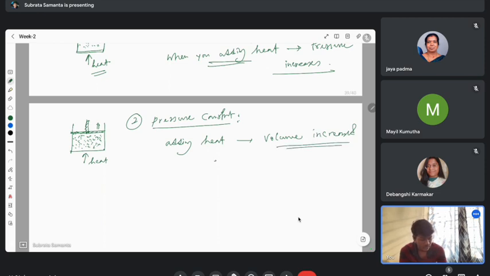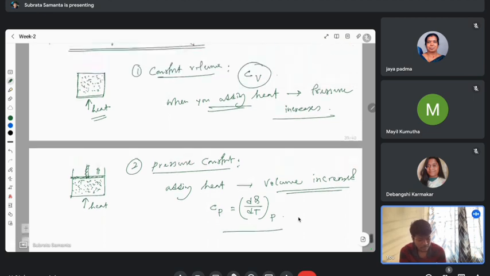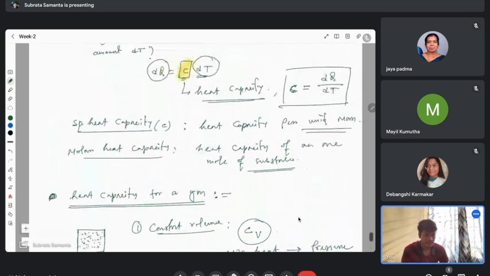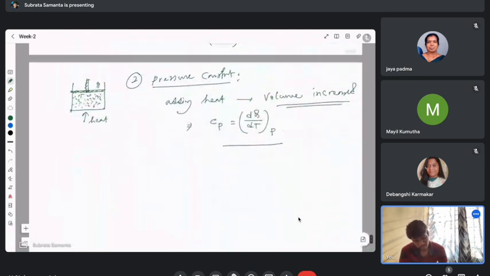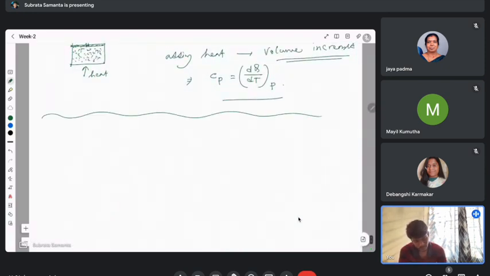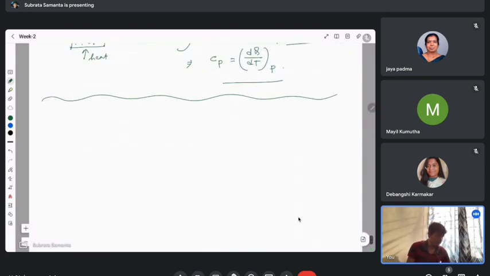This is called Cp, which is dq by dt at constant pressure. So for the gaseous case there are two situations, CV and Cp, and for other objects we just call it the heat capacity. Okay, so this is the concept of heat capacity.